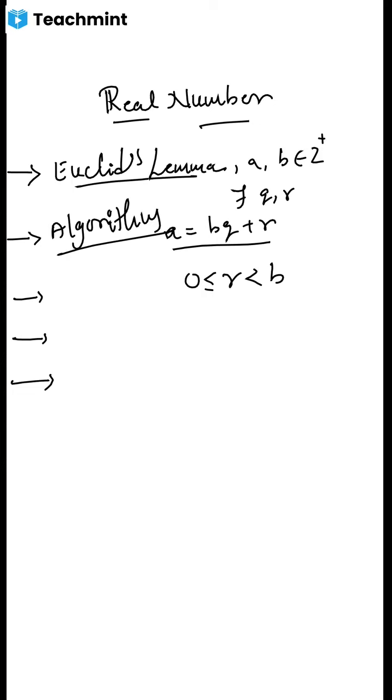So if two numbers are given, like 135 and 225, how can you find the HCF?